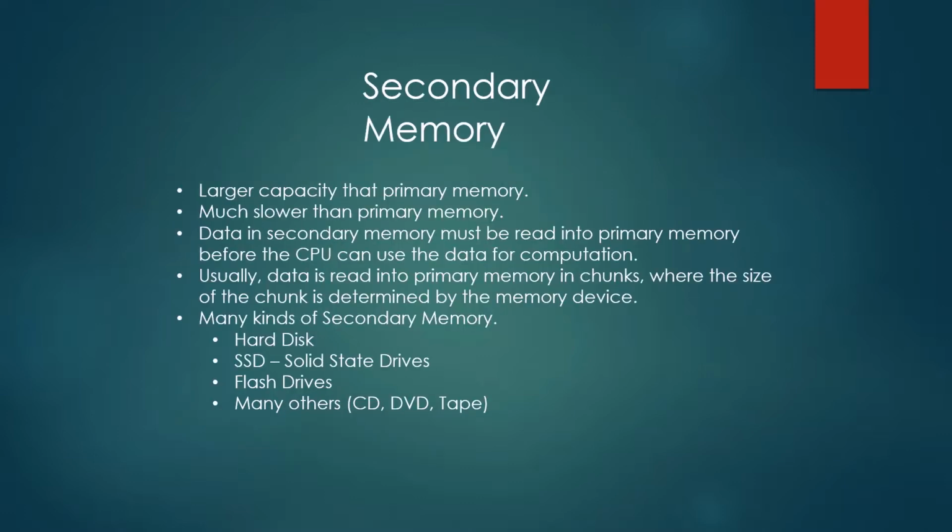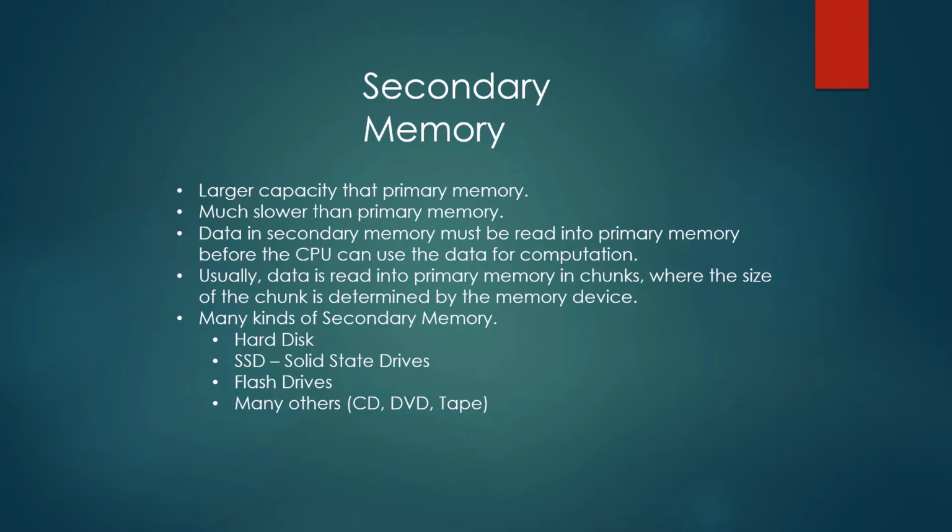Secondary memory is generally used for longer-term memory of data than primary memory. It's much slower than primary memory. And by much slower, I mean an order of magnitude slower. Data in secondary memory must be read into primary memory before the CPU can use it for computation.